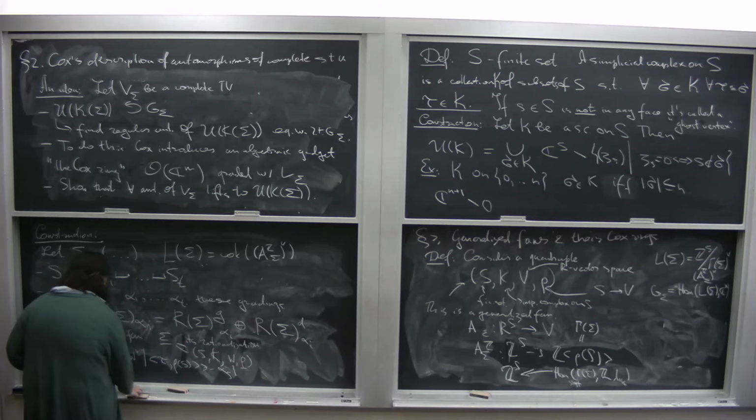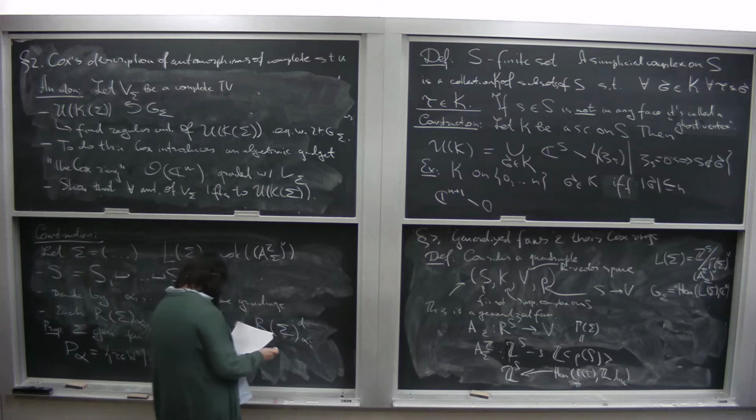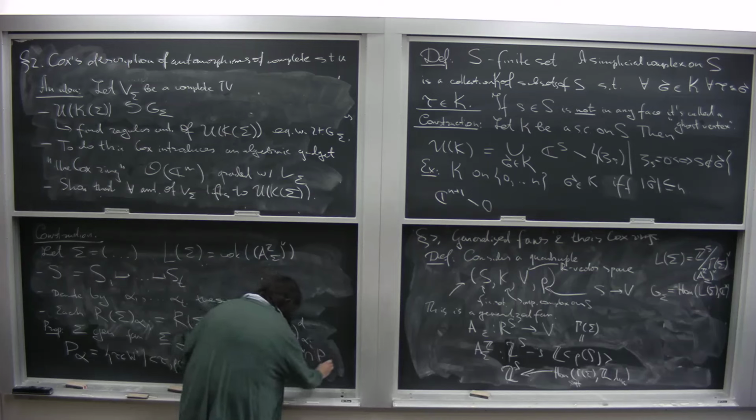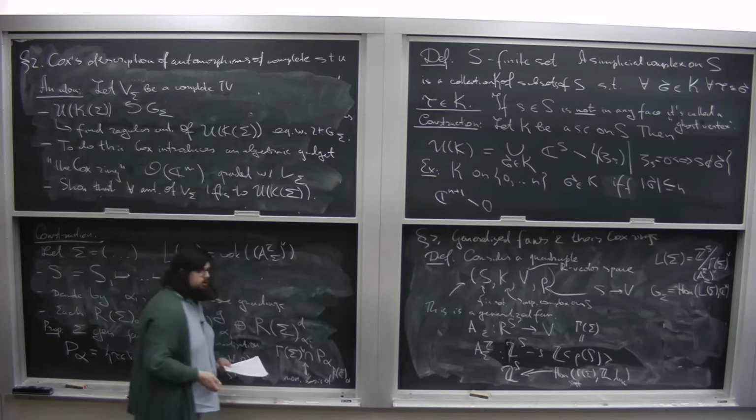So I define this, and I will have to write the statement of the proposition over here. The claim is that gamma sigma dual intersected with P alpha bijectively corresponds to the monomial basis of R sigma alpha.